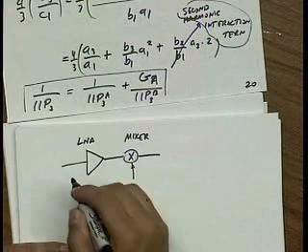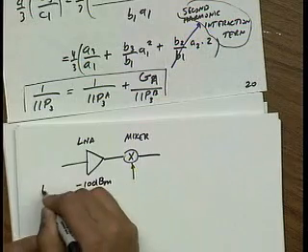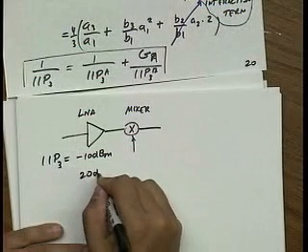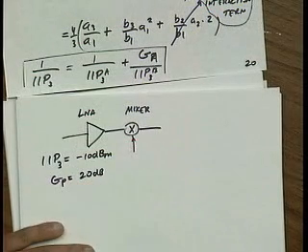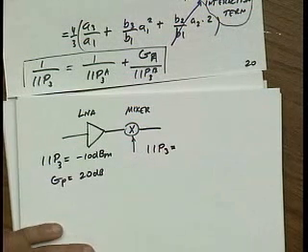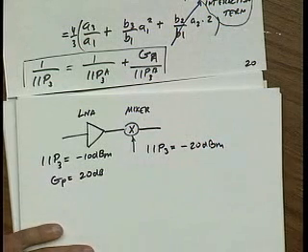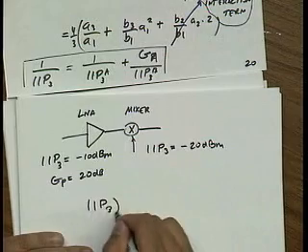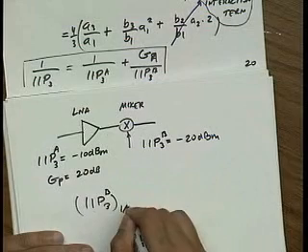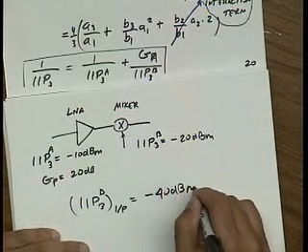Okay, let's give a practical example. Let's say I design an LNA and it has a minus 10 dBm input IP3. Okay, and let's say it has a power gain of 20 dB. And let's say I design a mixer which has an even worse input IP3 of minus 20 dBm. Okay? Now if I input refer that, let's call this B, this A, at the input, it's minus 20, so minus 40 dBm.